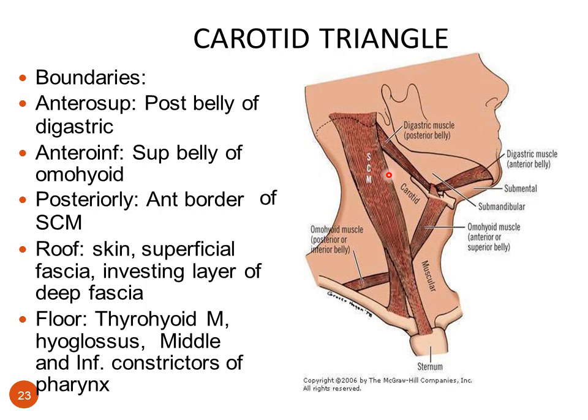The roof is formed by skin, superficial fascia with platysma and cutaneous nerve, and deep cervical fascia. The floor of the triangle is formed by the thyrohyoid muscle, hyoglossus muscle, and middle and inferior constrictor of the pharynx. So these are the boundaries of the carotid triangle.